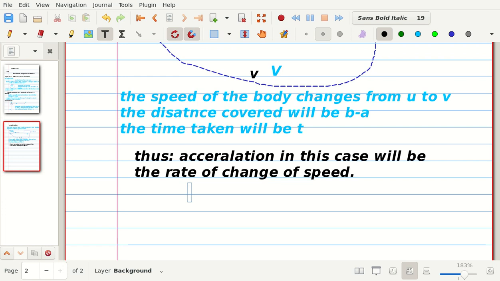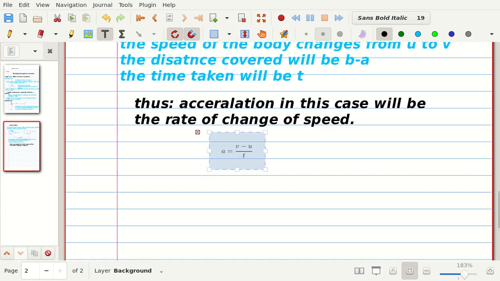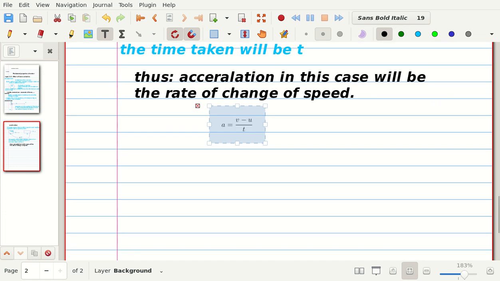This is LaTeX. Those who don't know it, there is a video on my channel that shows how to do LaTeX equations. I could make it kind of big.